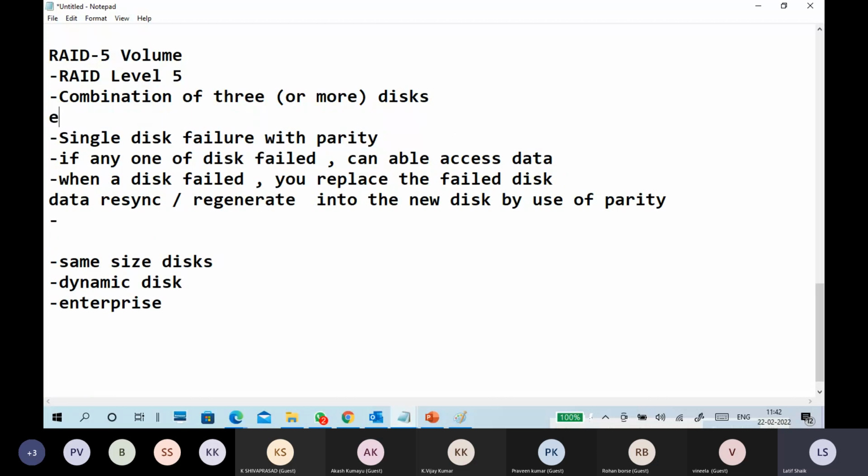So for example, you take 3 disks. 1 terabyte plus 1 terabyte plus 1 terabyte. Meaning you get 2 terabyte of size.